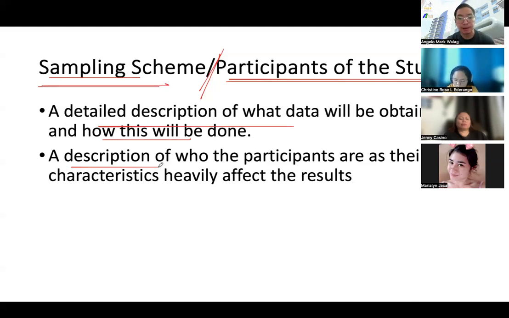You have to describe them. What's the criteria for selecting them? Like, you will only be interviewing chemistry teachers with at least 5 years of experience, who are already regular, who have master's units, and you have to justify why that's your criteria. Why you believe that criteria will help you identify participants that will inform your study most.